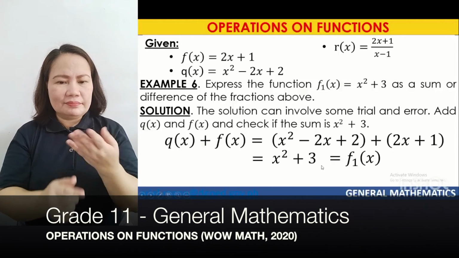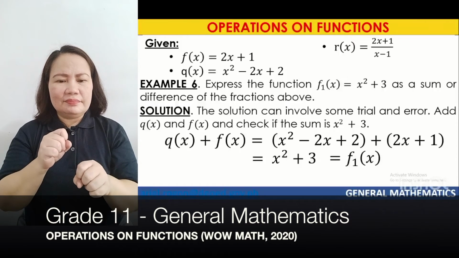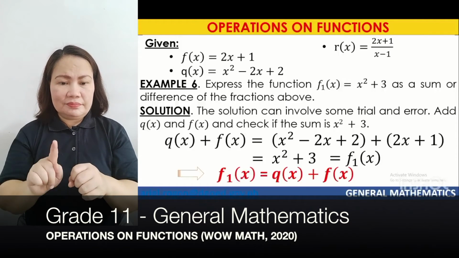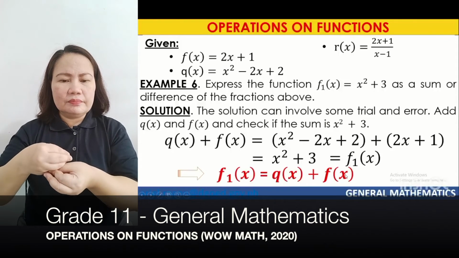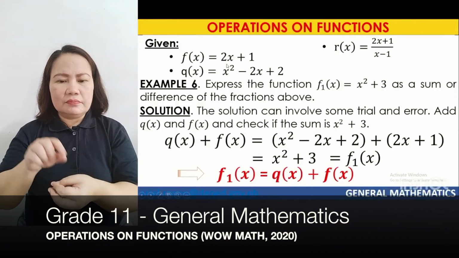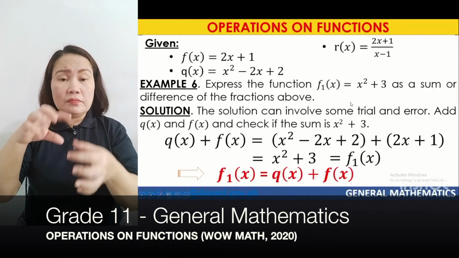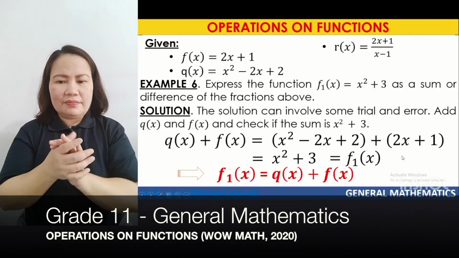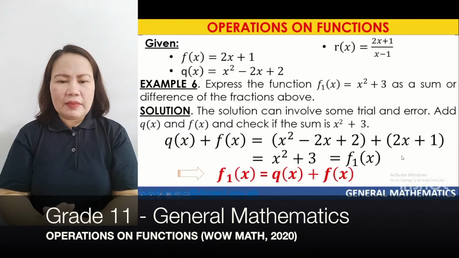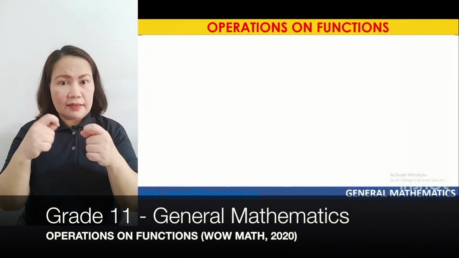Therefore, f sub 1 of x is the sum of q of x and f of x, itong x squared plus 3. Ulitin natin, magta-trial and error kayo dyan. Okay? Another example.